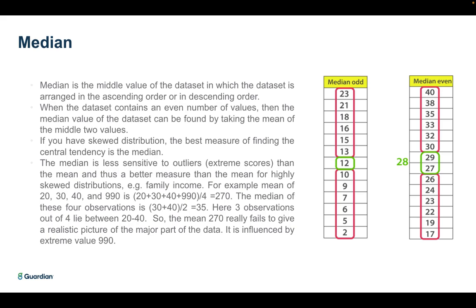So if we calculate the mean on that particular population, we will end up having close to maybe 100 or maybe 50 lakhs, right? But that may not be the true middle value.